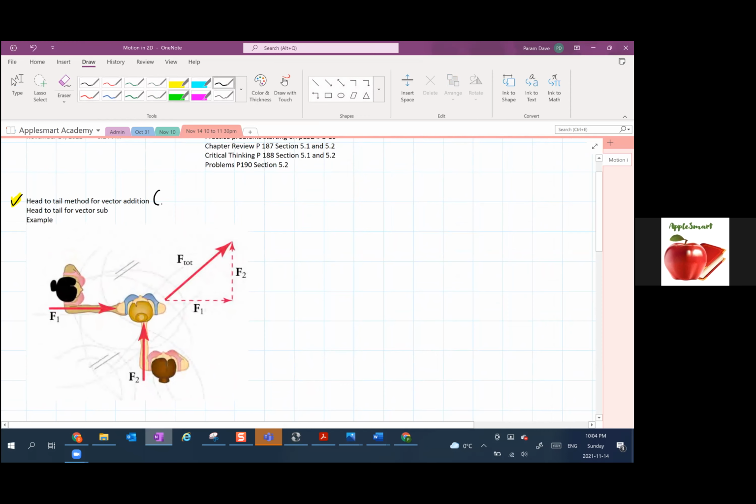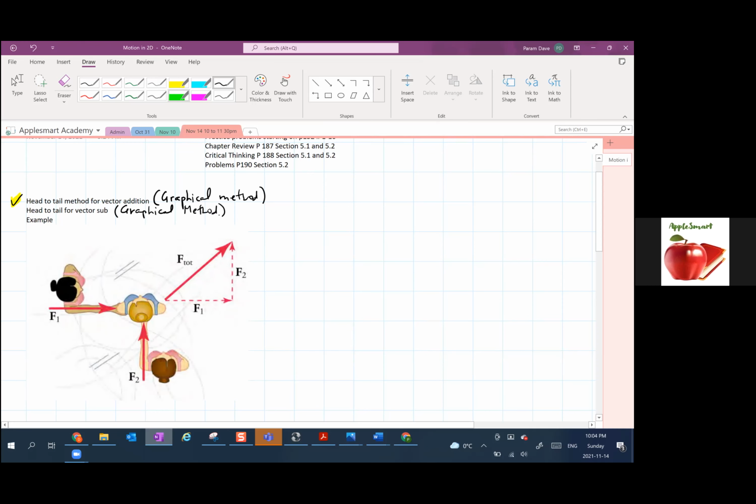So just so as you know, when you're referring back to your textbook, it's called the graphical method. So whether you call the graphical method or the head to tail method, it is the same thing. And so even in vector subtraction, this is the graphical method.